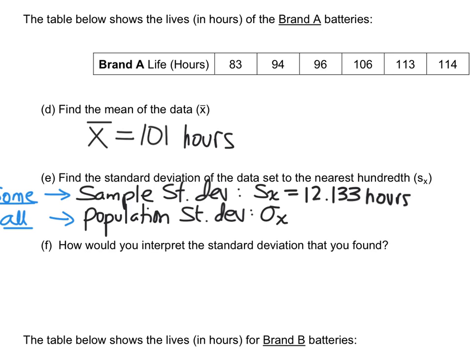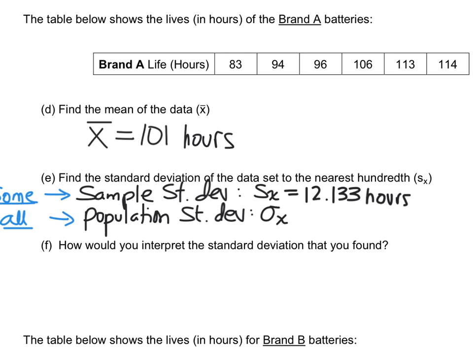So part F is a little bit of a weird question. It says, how would you interpret the standard deviation that you found? You just interpret it. Well, it's a measure of variation. It's telling us how spread out the data are.